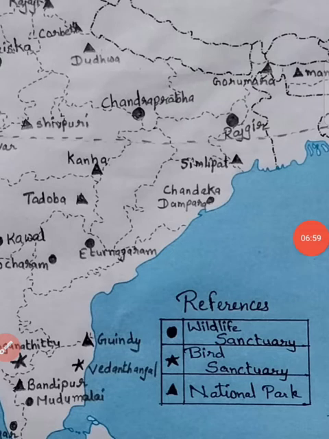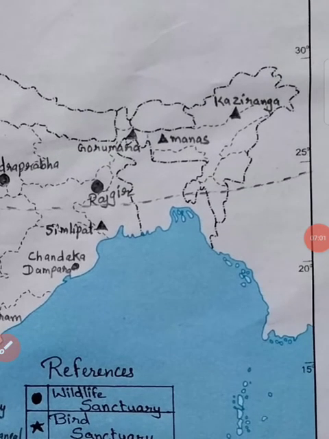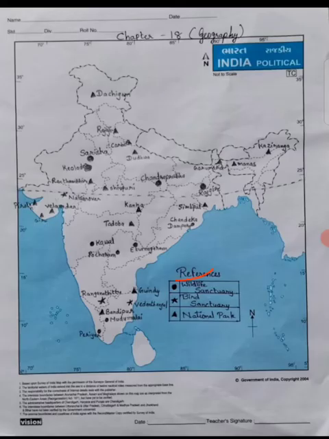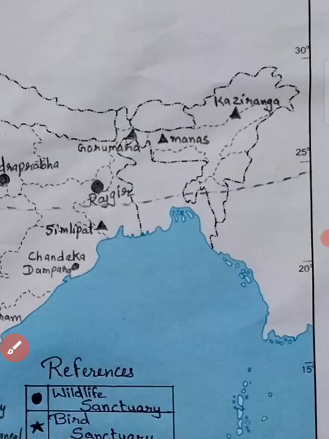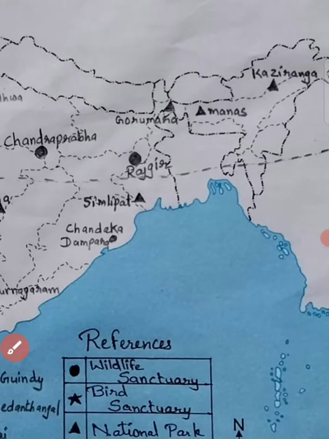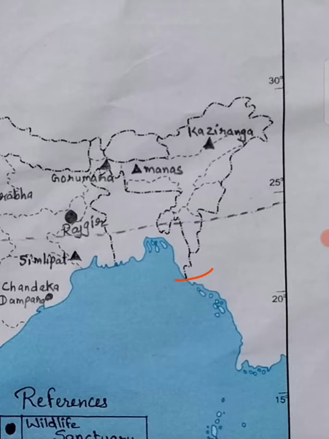And the last ones you can see in the part of the east, that you can find out easily: Kaziranga, Manas and Gorumara. Then Simlipal. These are the national parks here in the part of the east.